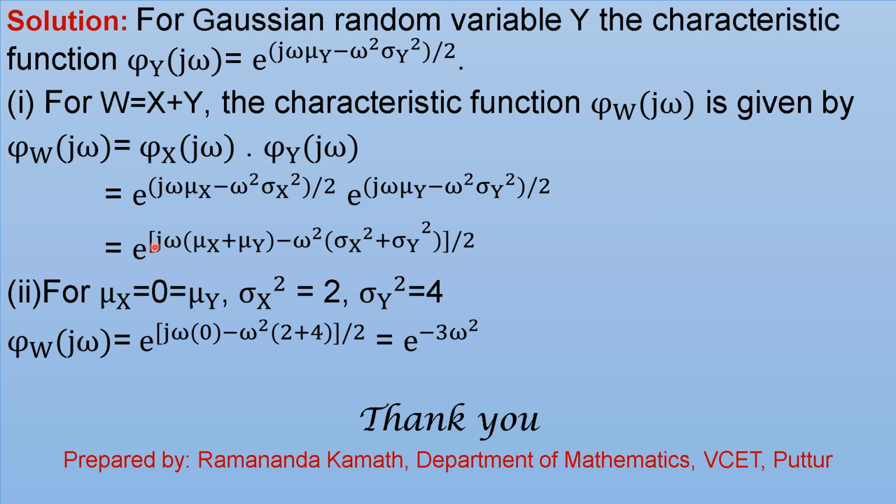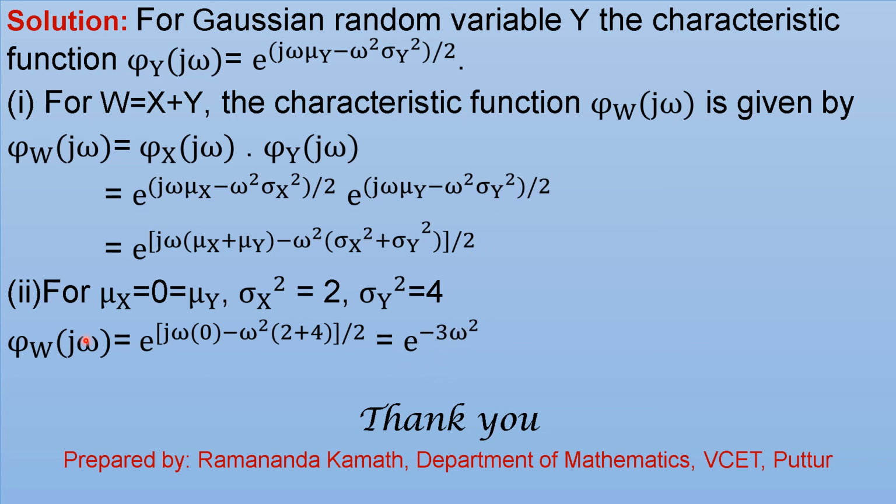It will be e power j omega into 0 minus omega square into 2 plus 4, 6, divided by 2. So it will be e power 0, ignore it, minus 6 omega square by 2, which will be minus 3 omega square.